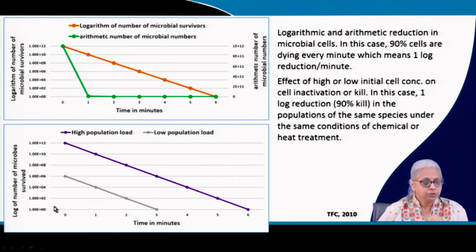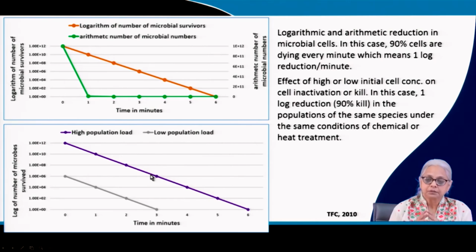So if we were to look at the 1 million sample, I'm getting 6 log reduction in 3 minutes. In the case of the 10 to the power 12 cells per ml, or whatever the unit is, how much time does it take to get the same log reduction? So 6 log reduction from 12 to 6 is again in 3 minutes.